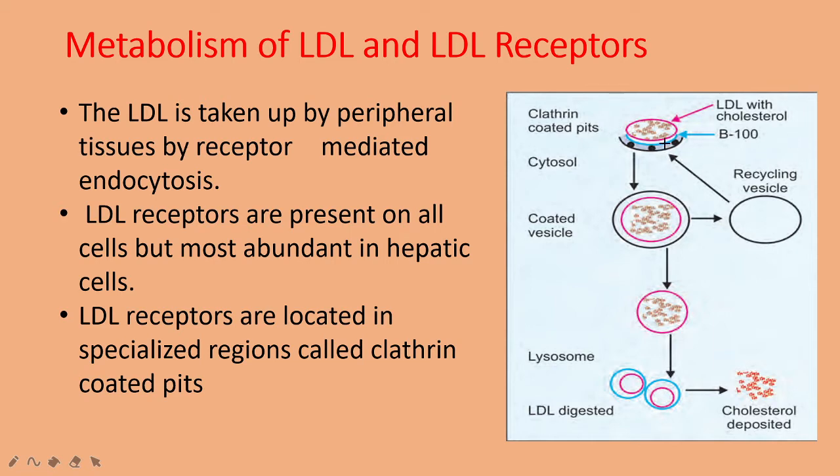These coated pits will be rich in LDL receptors specific for ApoB100. So when this LDL, which contains only apoprotein B100, binds to this receptor, it forms the receptor LDL complex, which will internalize by endocytosis.